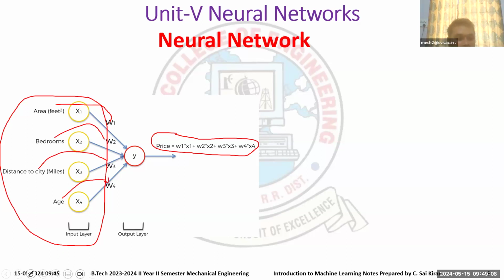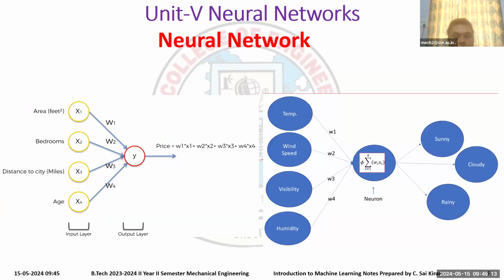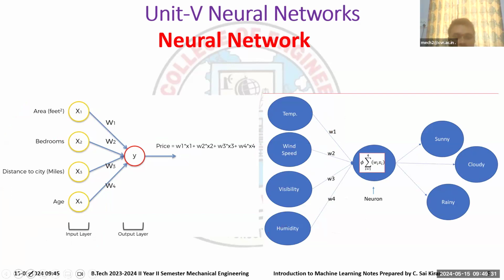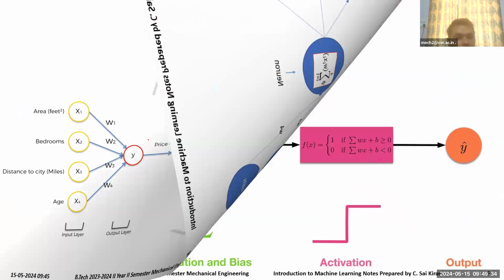These are the input layers, and this is the output layer we will be checking. Next example, if you want to predict the weather, whether it is sunny, cloudy, or rainy, you give inputs such as temperature, wind speed, visibility, humidity, and assign some weightages. Based on these weightages, you will find the prediction. These are examples of neural networks. Anything can be asked in the exam.